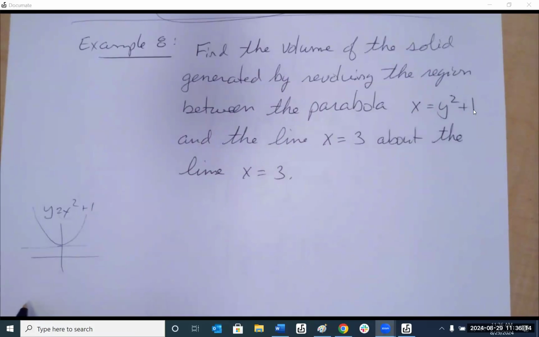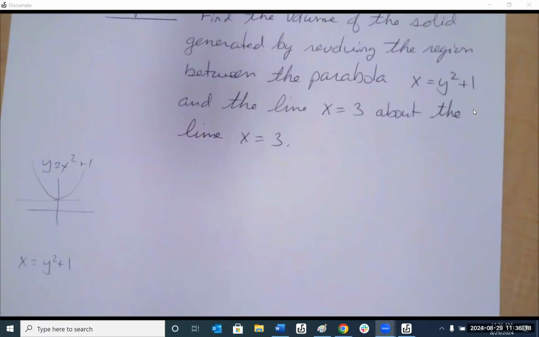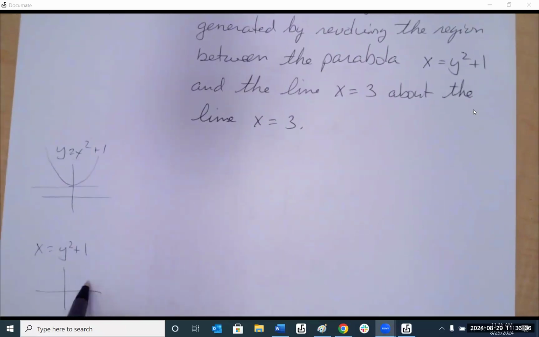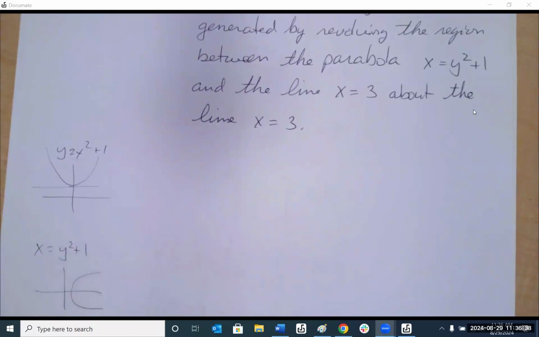But we now shifted it. What's that parabola going to look like? Like this? Or like this?